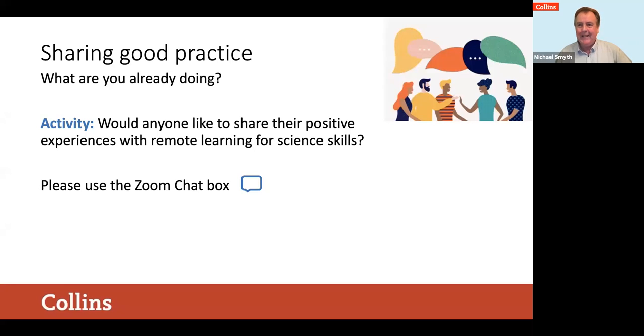So there are some excellent online simulations for that as well. Yeah, I agree. That's similar to what some people have put here, like showing videos in virtual labs, using demonstration videos so they can still follow the process, but obviously they're very limited to the experiment that can be done in the school lab.